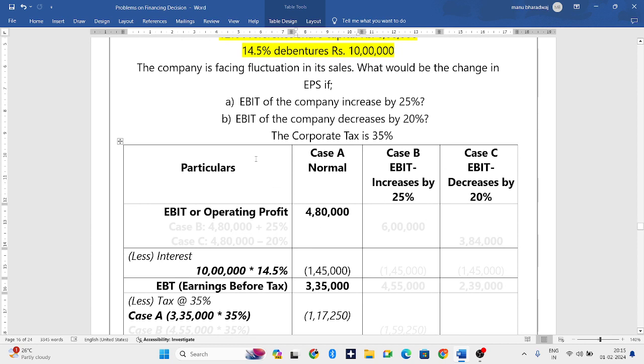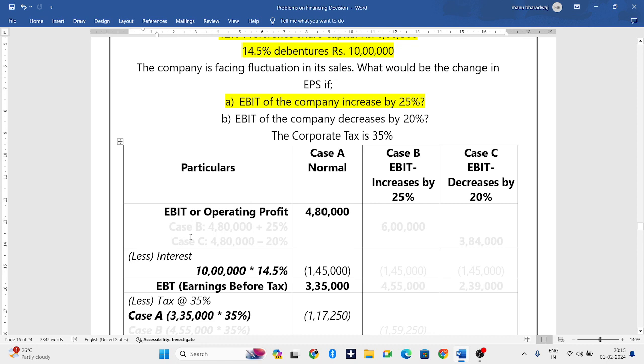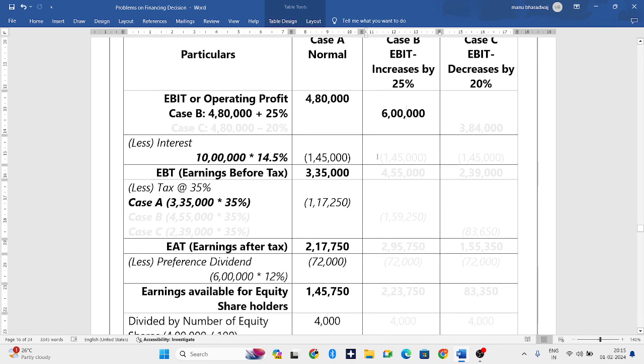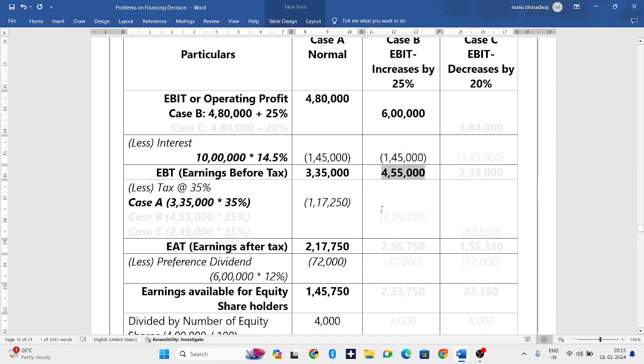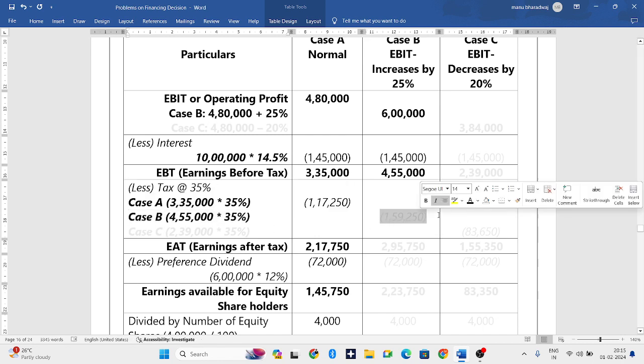Case number 2 or case B, they have told EBIT increases by 25%. 4,80,000 was the EBIT, plus 25% you will get 6 lakh EBIT. Interest you have to minus 1,45,000. You will get 4,55,000. From that again you have to reduce the tax. Tax is 35%. So 35% of 4,55,000 will be 1,59,250.